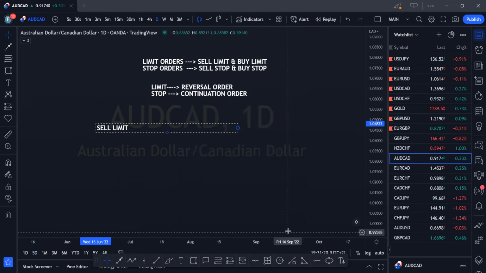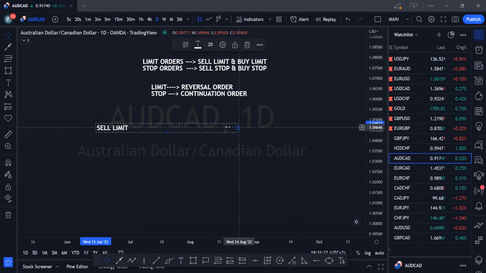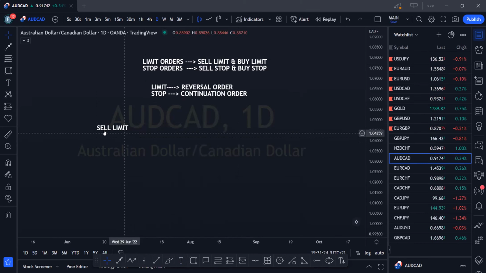For a sell limit order, we are trying to enter a sell order to initiate price reversal. Remember, limit means reversal. So to enter a sell limit order, that means we want to enter a sell order, and that sell order should initiate a reversal.